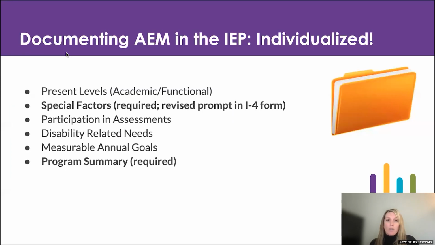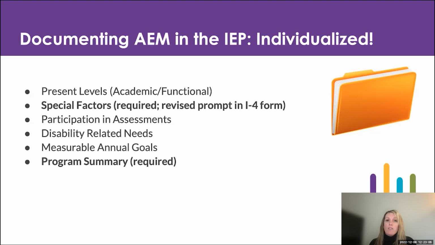So now that the student has a need for AIM, where do we put it in the IEP? First and foremost, it's really important to remember that every IEP is individualized, and it is based upon the student's disability-related needs. That being said, there are two places where it absolutely needs to be documented, and it is required that it is there.